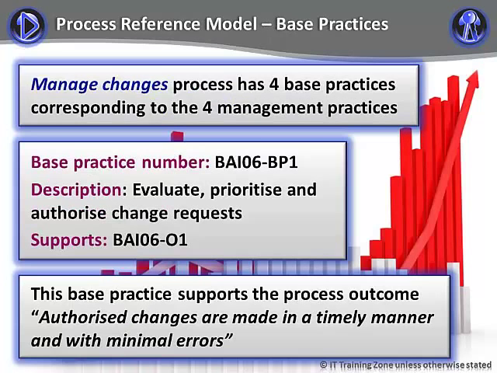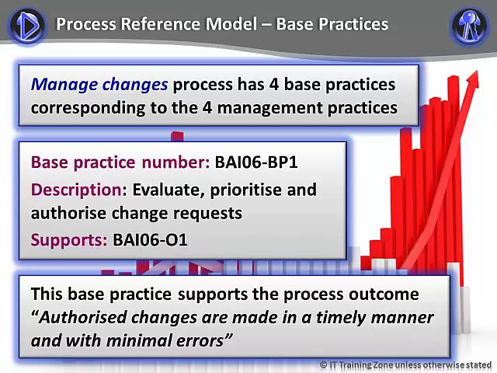The second section of the Process Reference Model is Base Practices. These correspond with the management practices described in the Process Reference Guide. The Process Reference Model assigns an identifier to each practice and documents which process outcome the practice supports. The Manage Changes process has 4 base practices that correspond with the 4 management practices. We'll use one of these as an example to show you what is documented in the Process Reference Guide.